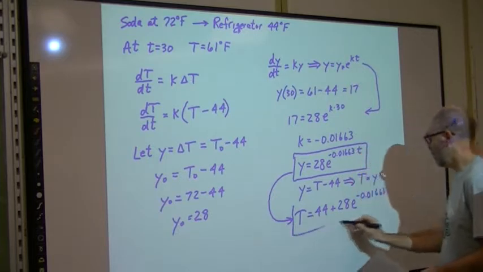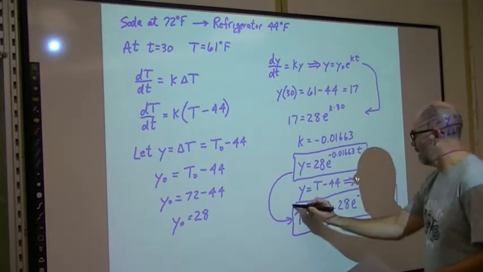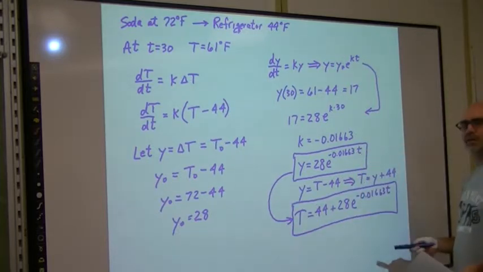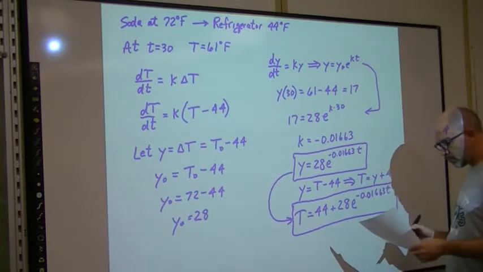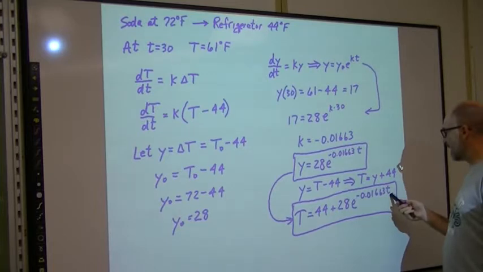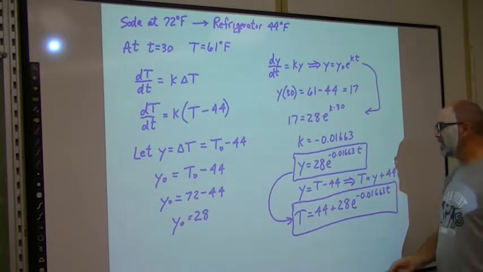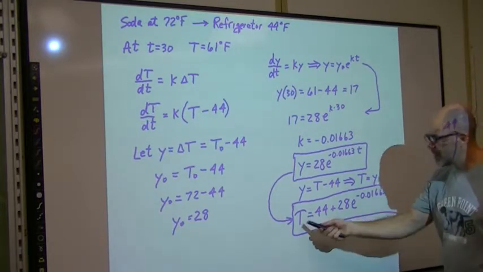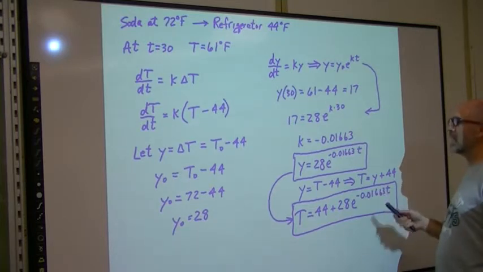Now here is a more usable equation. At this point, anytime I can tell you what the temperature is, and for any temperature I want, I can tell you what the time is.